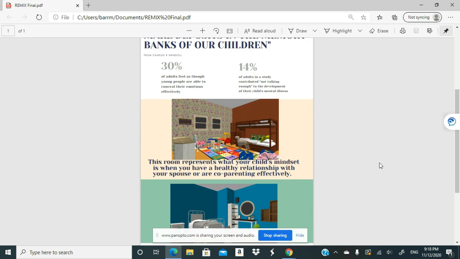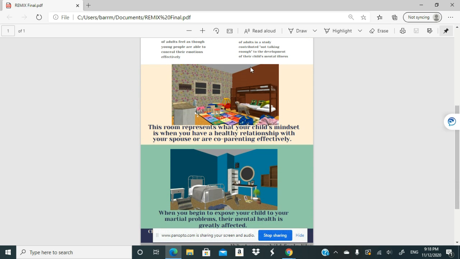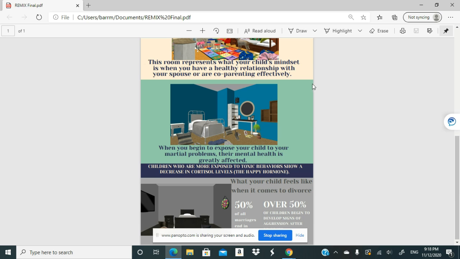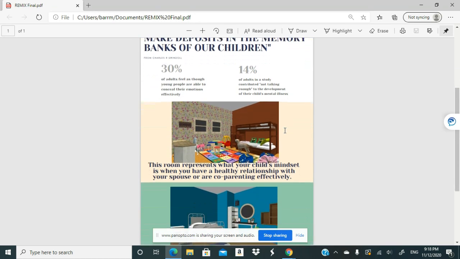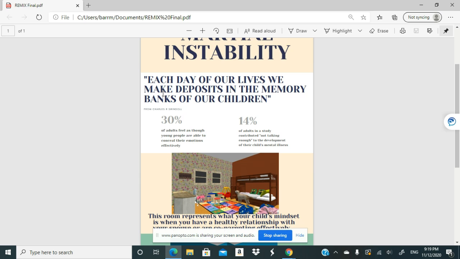And as we can see here, as I scroll down, there are three different types of rooms, and also some statistics and a quote. For me, the starting point of my infographic was the quote. I needed something that would grab the audience's attention, that would basically just make them want to keep looking at the infographic. So I chose the quote, "Each day of our lives, we make deposits in the memory banks of our children."